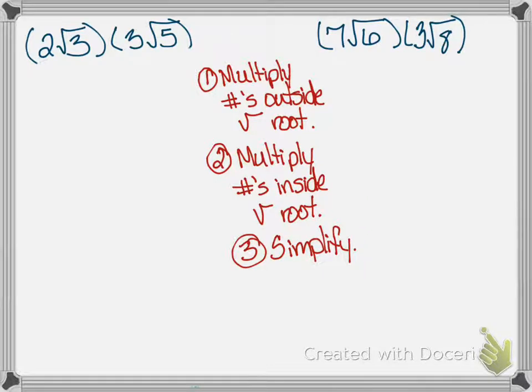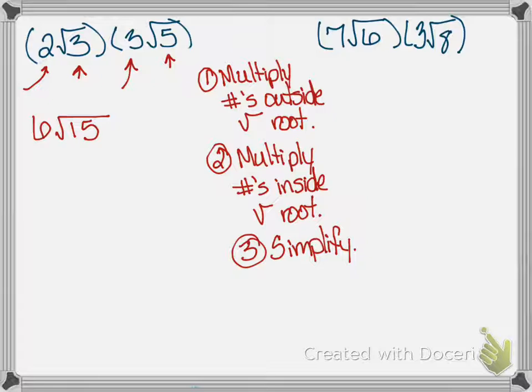Okay? So, my first step says multiply the numbers outside of the square root. So I have a 2 and I have a 3 on the outside. What's 2 times 3? 6. Okay? Then I am going to multiply the numbers on the inside of the square root. So I have a 3 on the inside of the square root and I have a 5 on the inside of the square root. What is 3 times 5? 15.